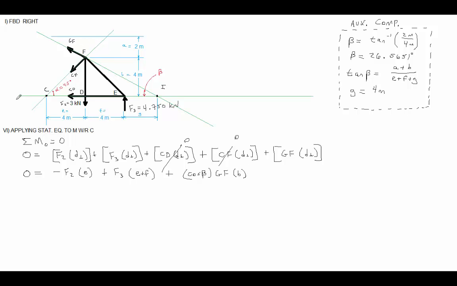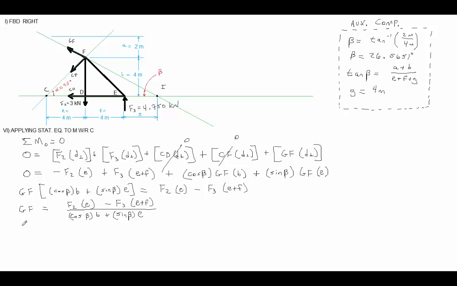Its y component also will produce positive rotation. The value of the y component is sine beta times GF. Its y component is located right here, and so it is E distance away. Now we can bring both of these terms with GF over to one side, and now we can solve for GF.